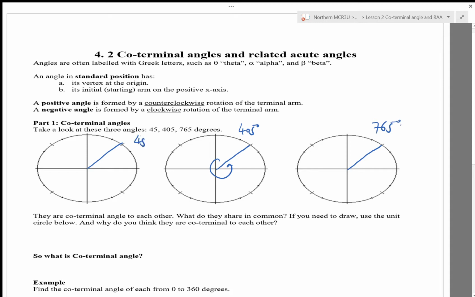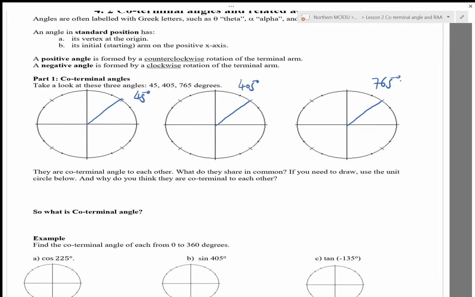And this is 45. So these three are coterminal angles since they will give the same trigonometric ratio. For example, sine 45 will be the same as sine 405, and it will be the same as sine 765. Another one can be tangent 45 is the same as tangent 405 and the same as tangent 765. There can be many, depending on how many rotations you do. In this case, we're just going to show only three for now. So these are the coterminal angles.